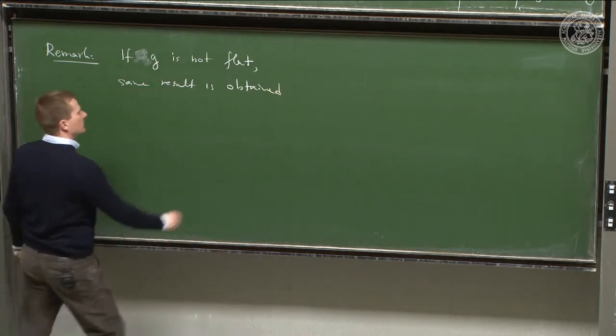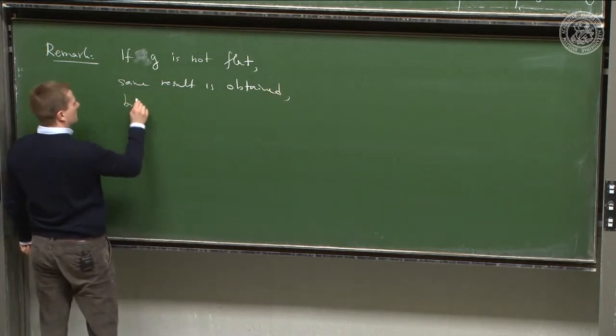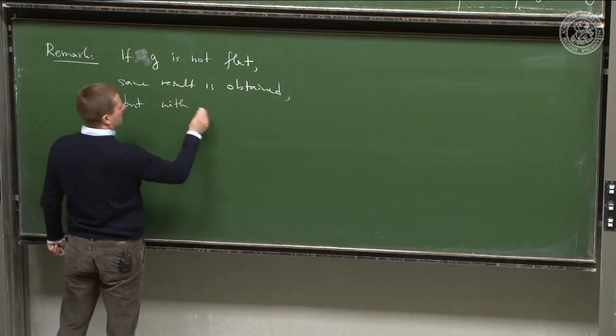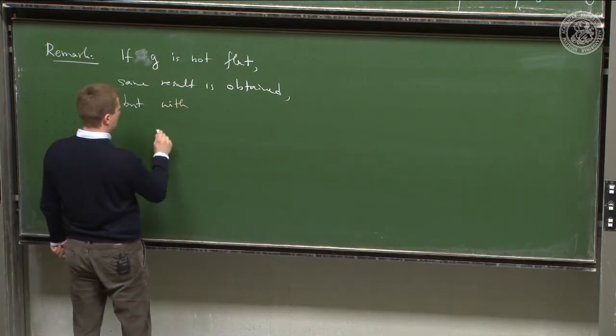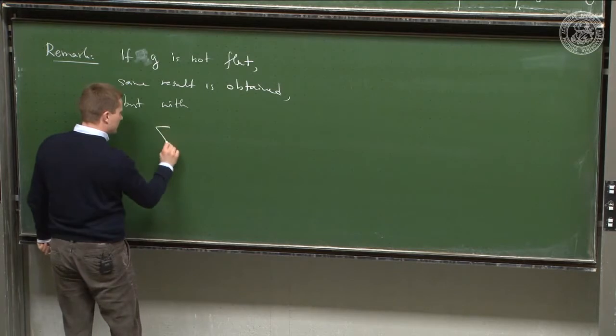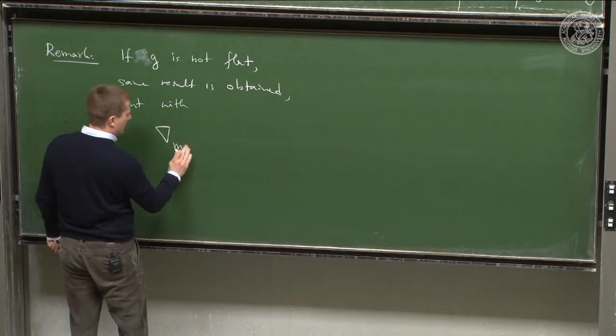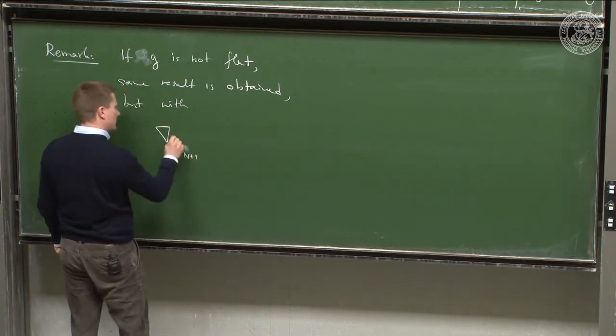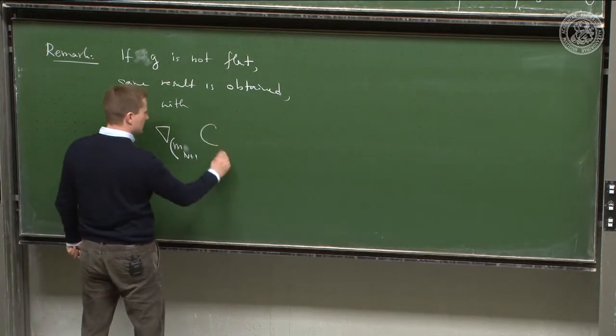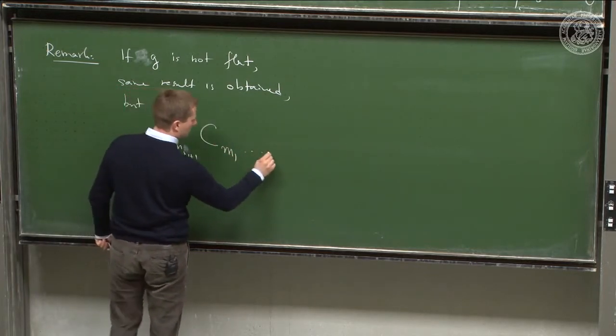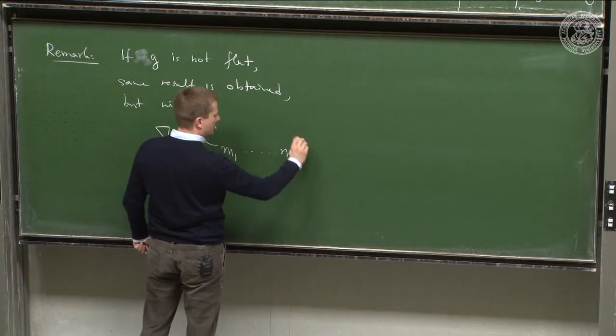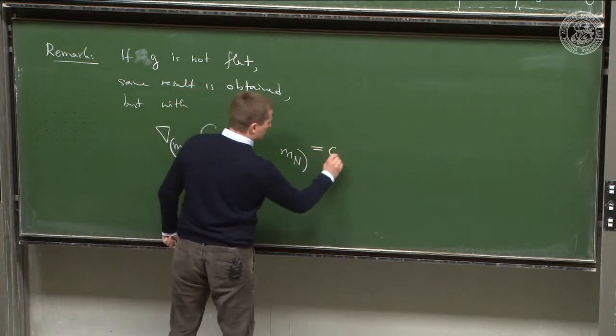Same result is obtained, but with covariant derivative m n plus 1 symmetrized C m1 up to mn symmetrized equals 0.